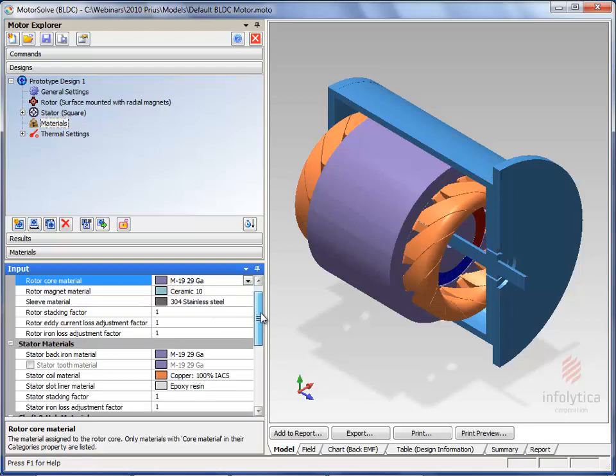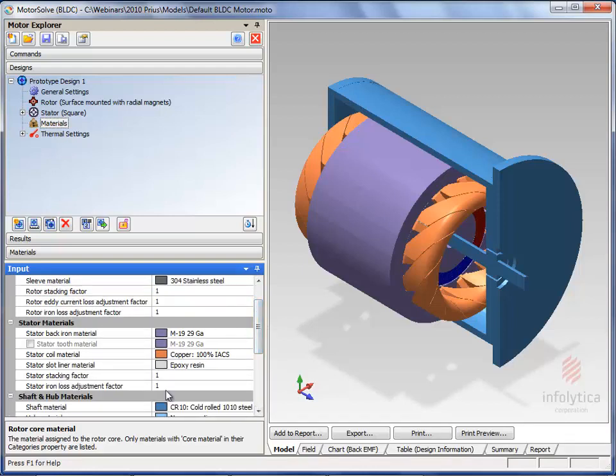You have options here that are representing how you might introduce the stacking factor. We also have factors that allow you to control and adjust for any sort of iron loss adjustment based on the material performance.